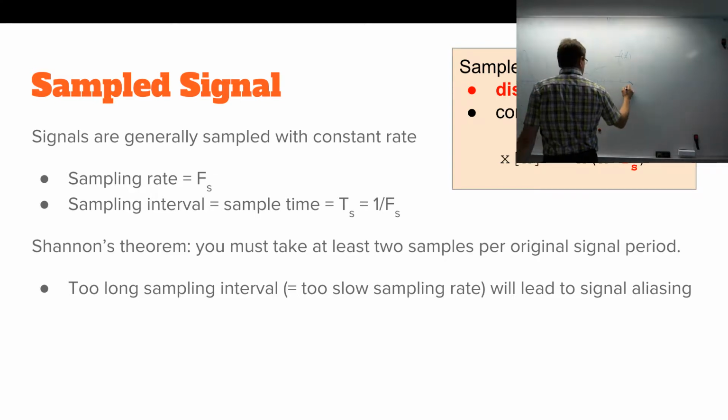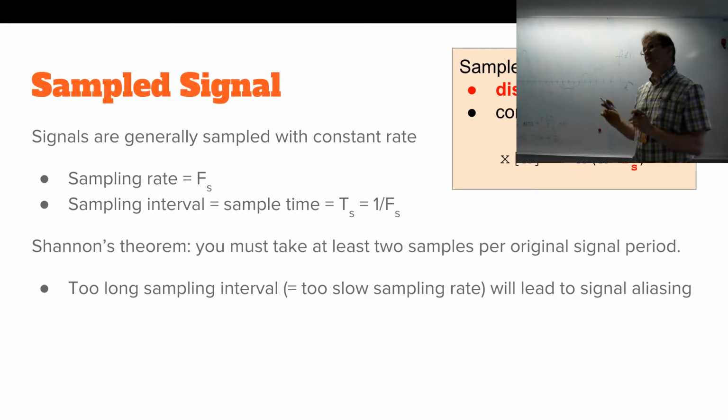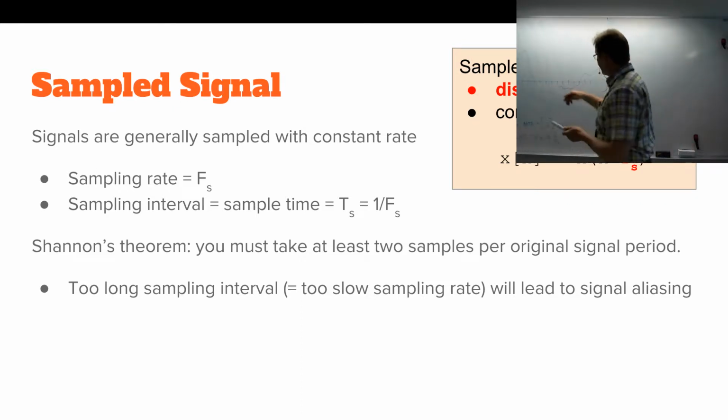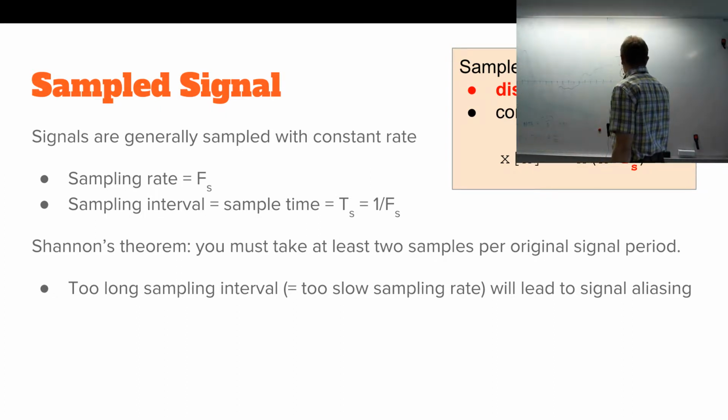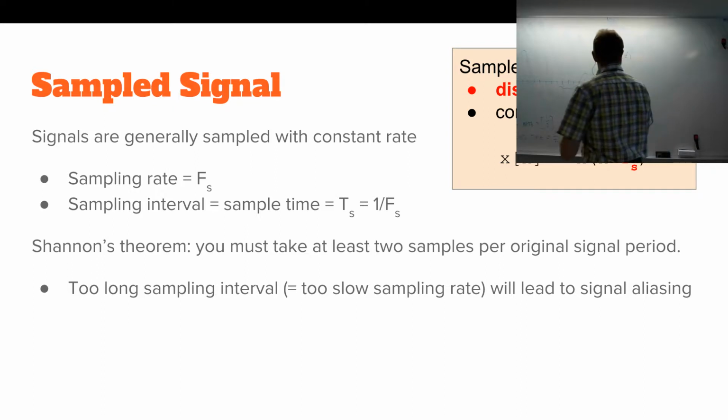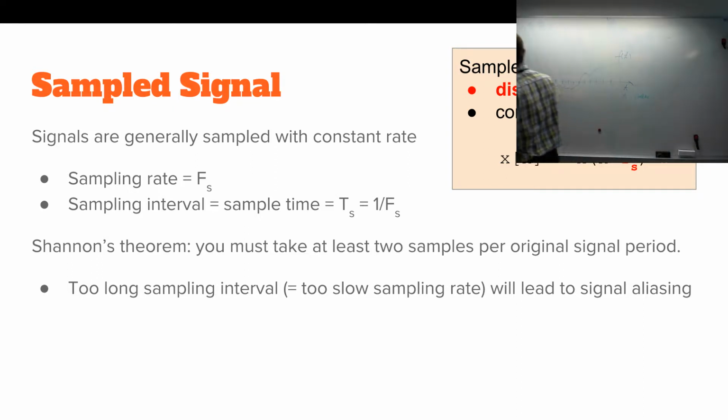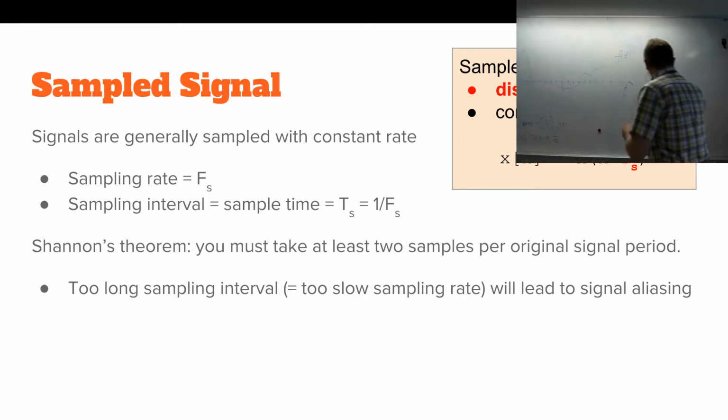Okay, so that was continuous time, and for sampled time we don't have the continuous time scale any more, but more like an index n, the index of the sampled value. In this case samples would be something like that, and so on.